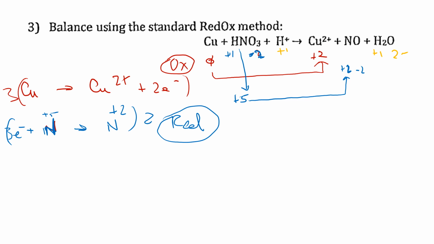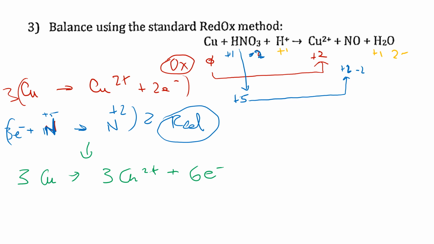And what does that end up happening? Let me use a different color, green. So when I combine the two, well, not really combining it, but what I'm going to do is I have 3 copper, 3 Cu2 plus, 6 electrons.